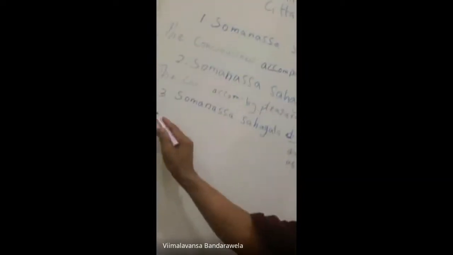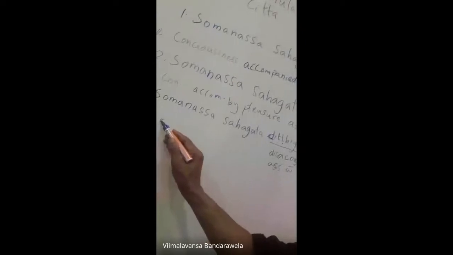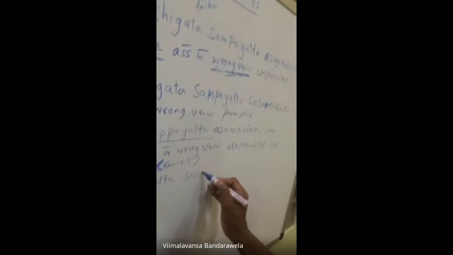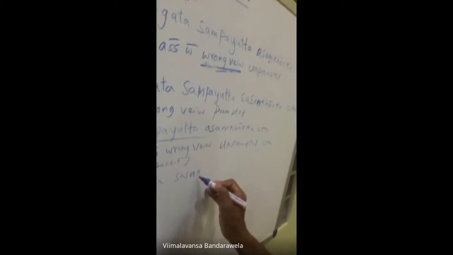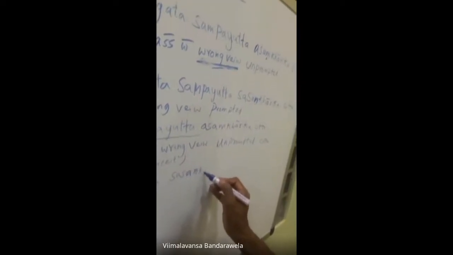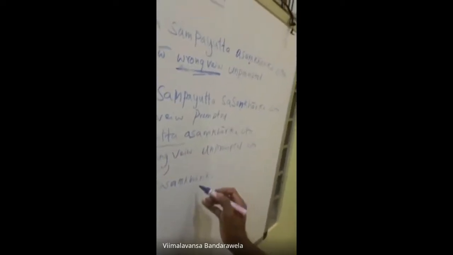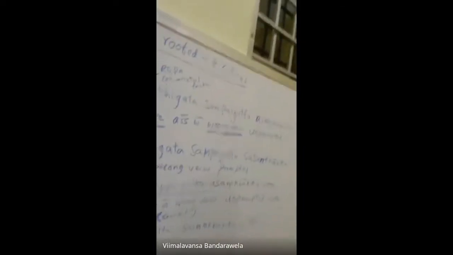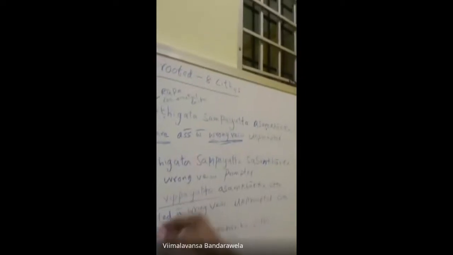And then the fourth consciousness, somanasa sahagata, sasankarika. Because the first one is asankarika, this is sasankarika chitta. For example, how do we differentiate these?